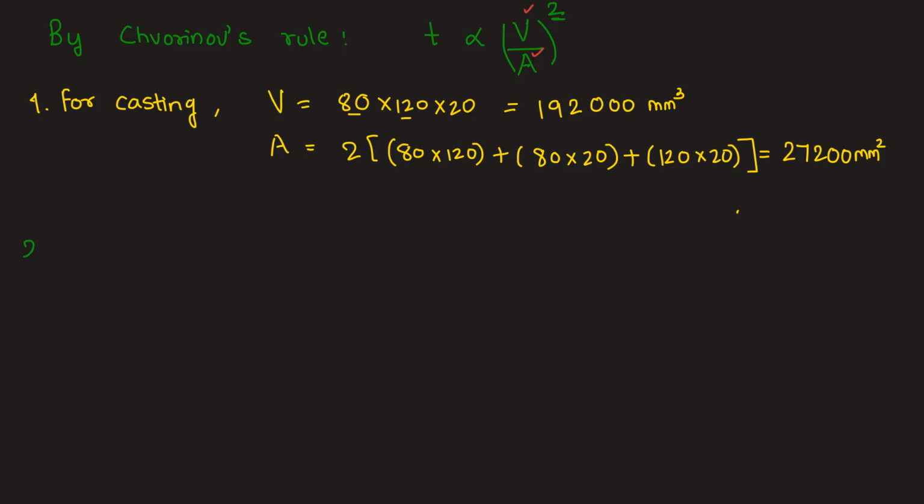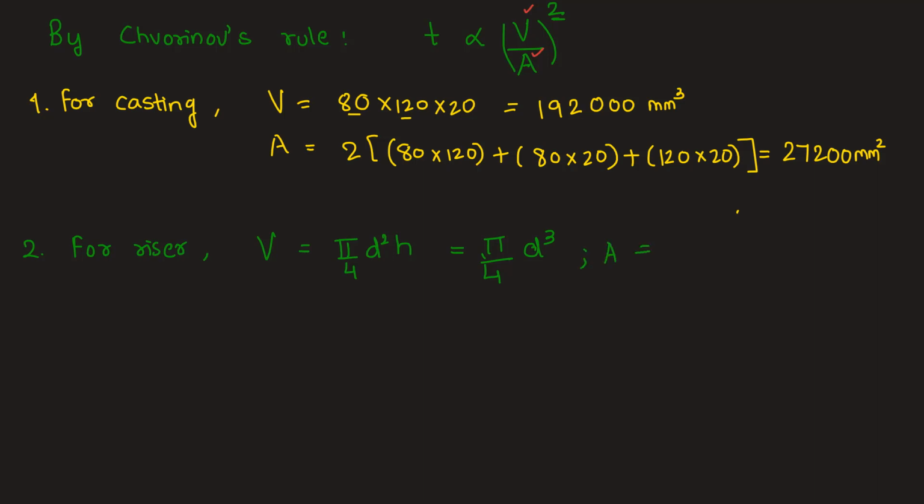Now for riser, as the values of diameter and height are not known for the riser, we'll get the volume and surface area in terms of diameter. So volume for the riser will be, it's a cylinder, so pi by 4 d square h. Now d and h are given to be equal, so we can substitute h as d, pi by 4 d cube. This becomes the volume.